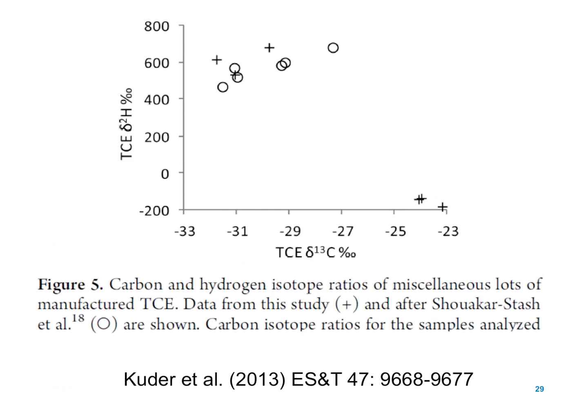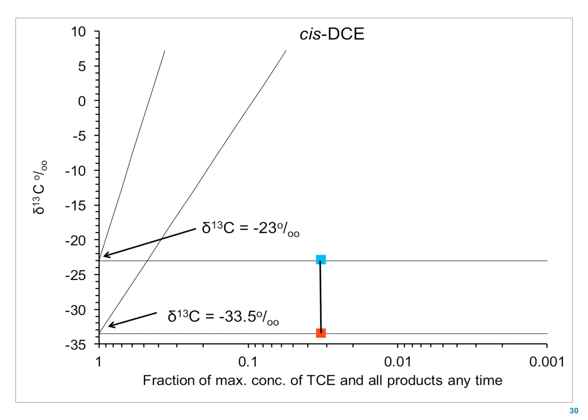And those reports in the literature have been updated a little bit. This is the latest information I've seen on the range of delta 13C for TCE in commerce. Next slide. So what we're going to do is assume that our starting condition was at or more negative than the least negative value for delta 13C for TCE in commerce.